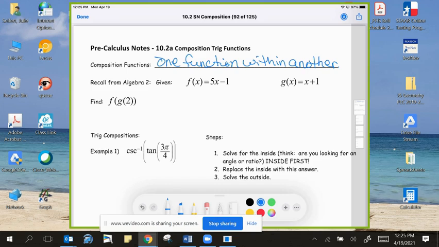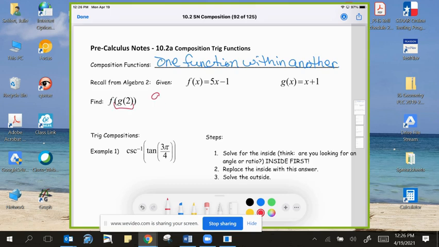We have f of x equaling 5x minus 1. Then we have g of x equaling x plus 1. We're looking for f of g of 2. Can anybody tell me what that first step is? Yes, that first step would be to do the inside, do g of 2.